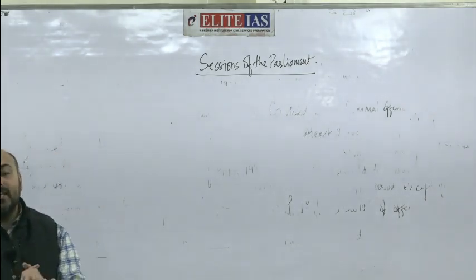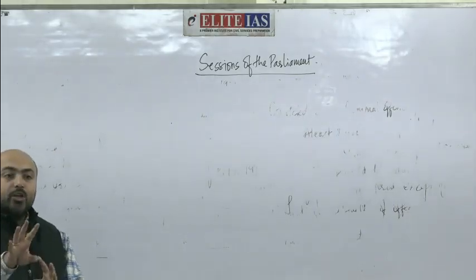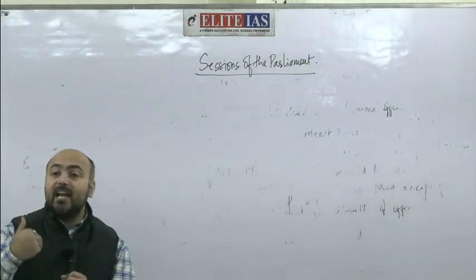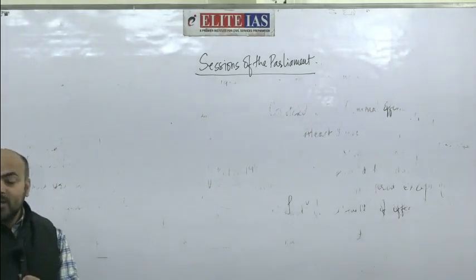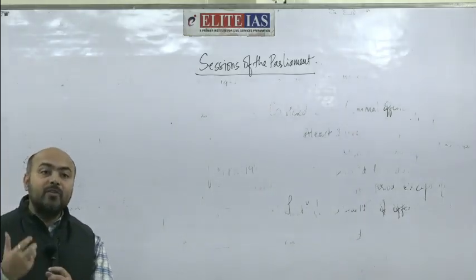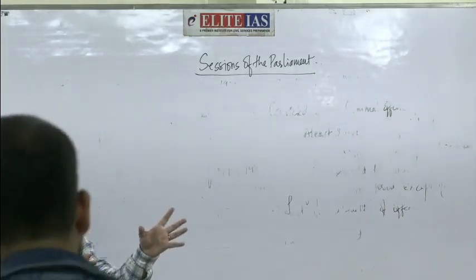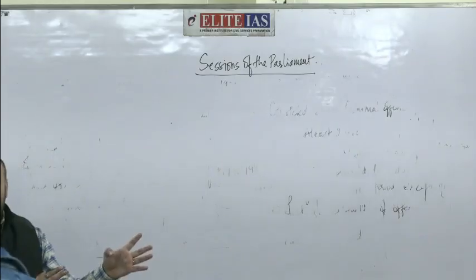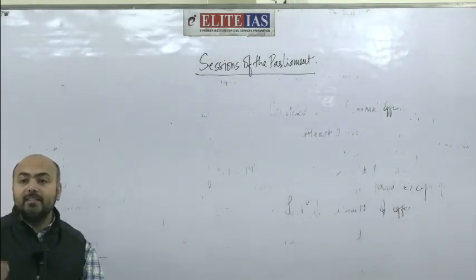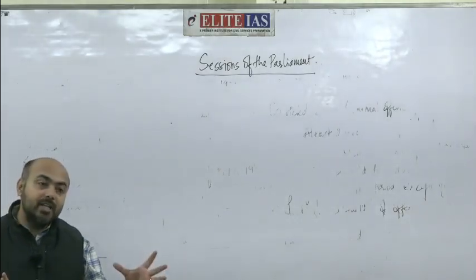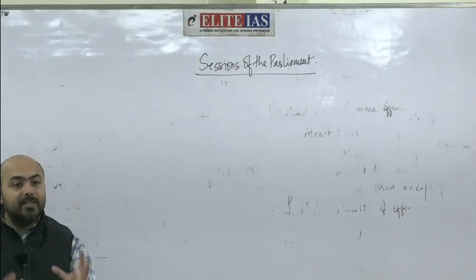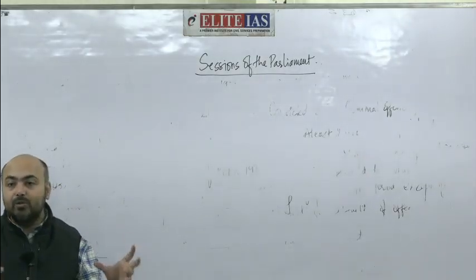These committees are given a period of 4 weeks to give their recommendation on the provisions of the budget. After the 4-week period, in light of the recommendations given by the departmental standing committees, voting is done. So the budget session, with the primary objective of passing the budget, is divided into two parts.